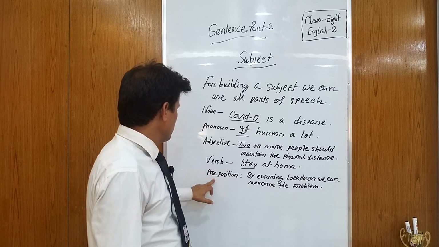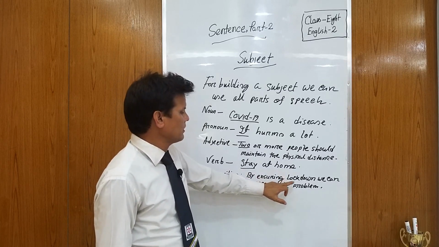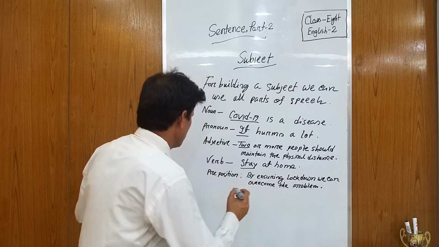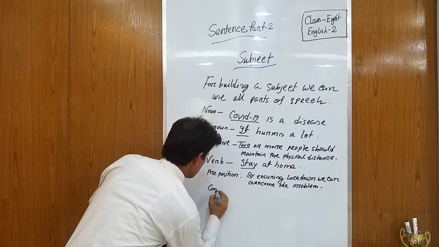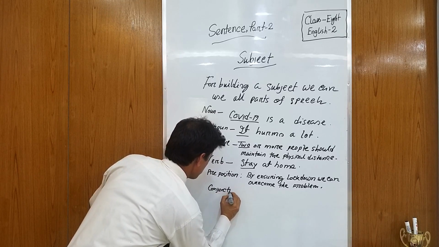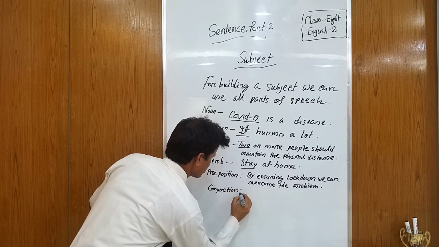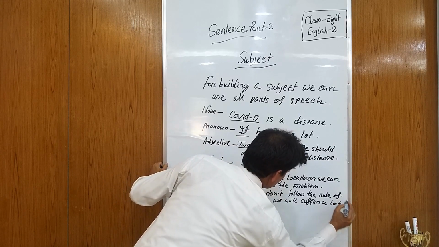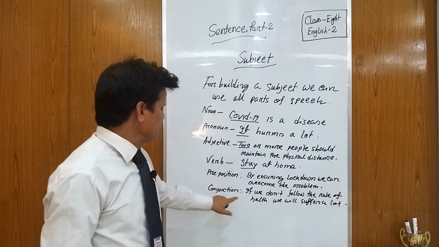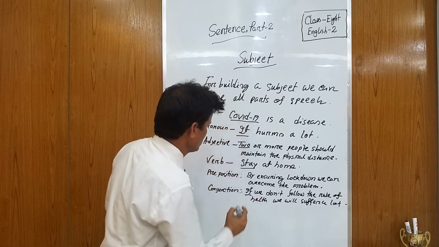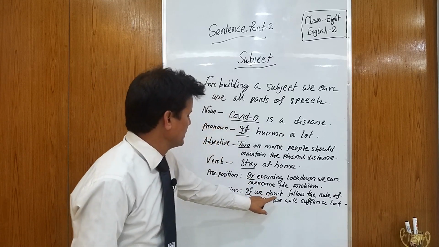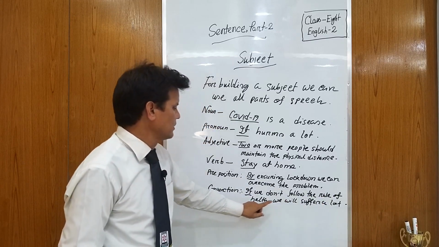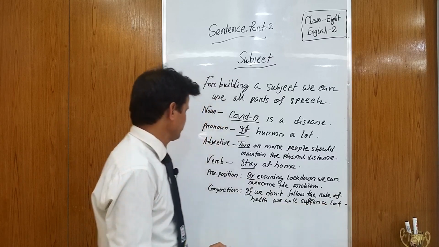Preposition: by ensuring lockdown we can overcome the problem. And conjunction: if we don't follow the rule of health, we will suffer a lot.